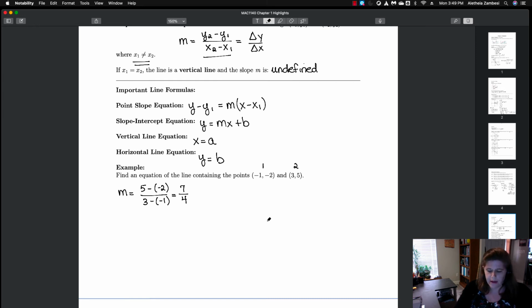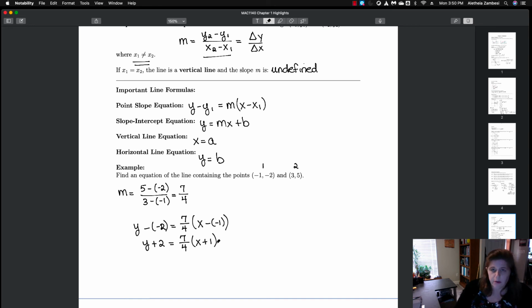If I want to then find the equation of the line, I can use the point-slope equation or the slope-intercept equation. They're both valid. So using the point-slope equation, then I have y minus y1, so y1 is negative 2, is equal to m was my slope that I've already calculated, so 7/4, x minus x1, so negative 1 here, and simplifying. Here this turns into y plus 2 equals 7/4 times x plus 1.